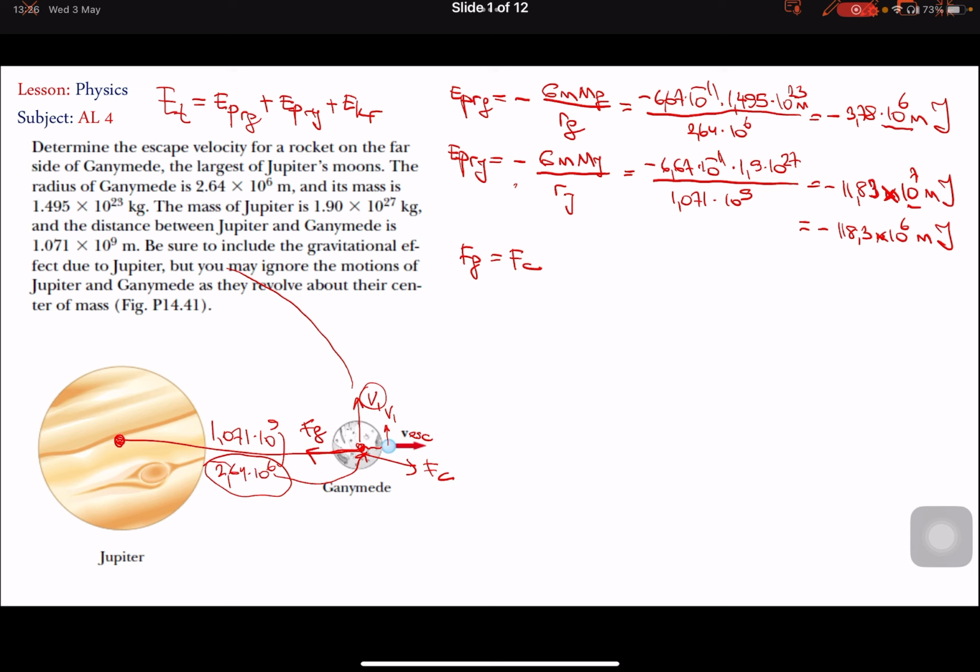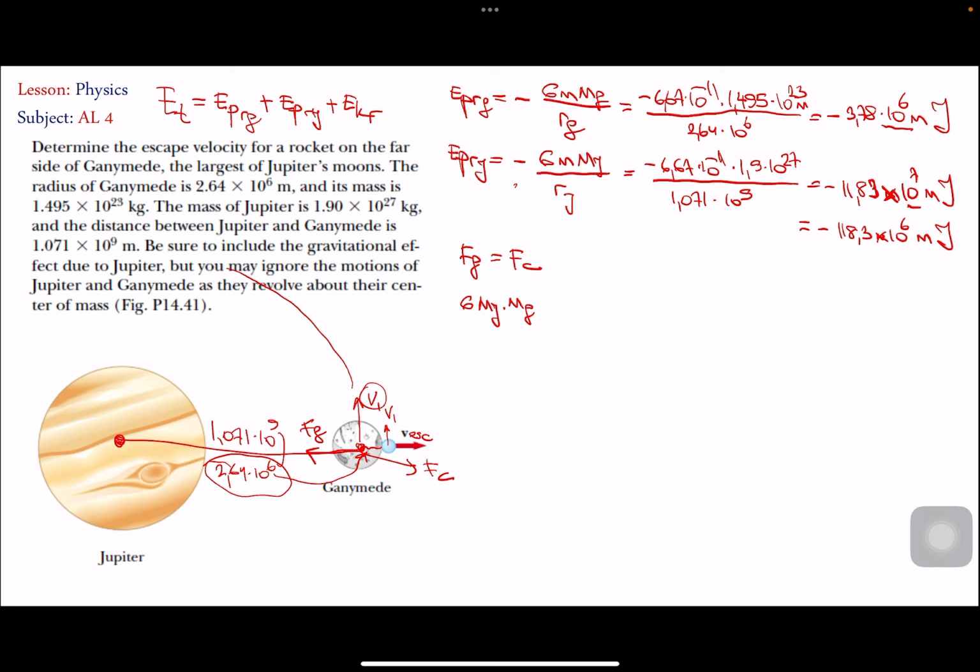G times the mass of Jupiter times the mass of Ganymede over the radius, I write it as radius of Jupiter, but it's not the radius of Jupiter, it's the distance between Jupiter and Ganymede, squared, equals the mass of Ganymede times its speed v1 squared over the radius.